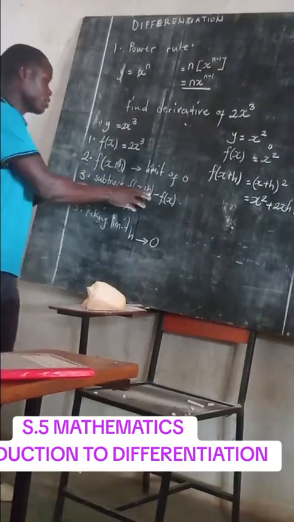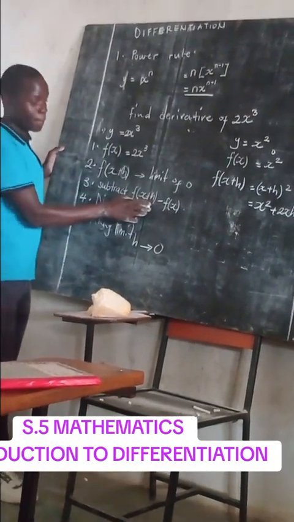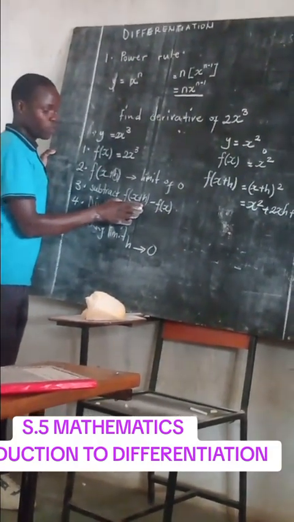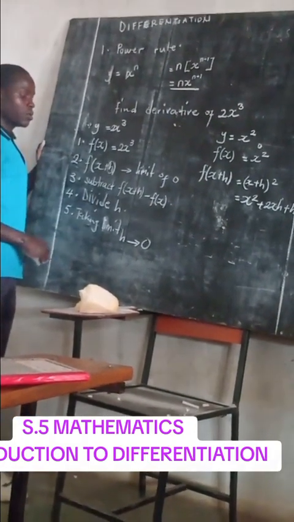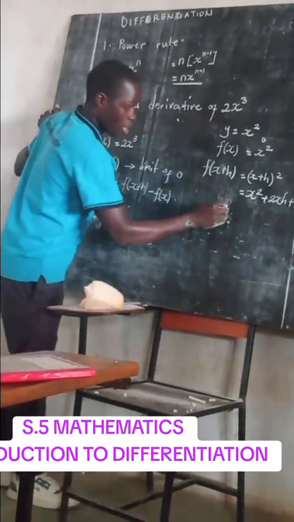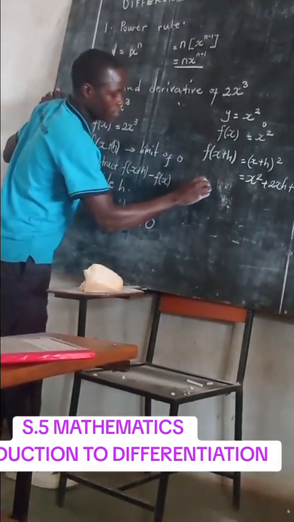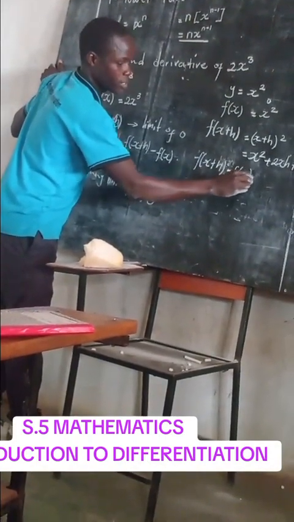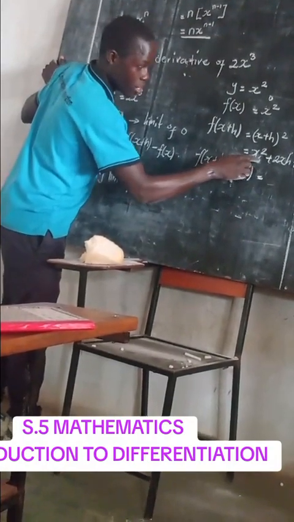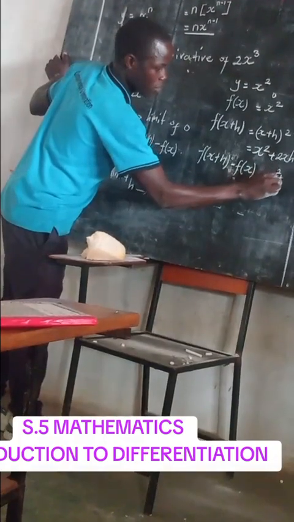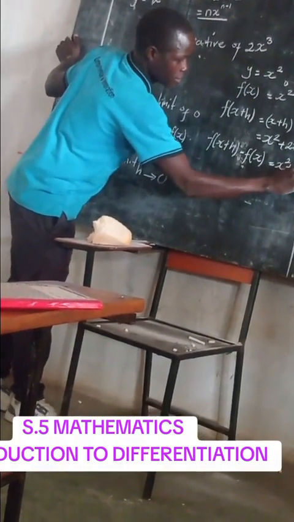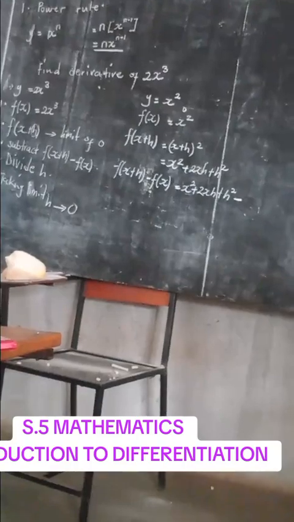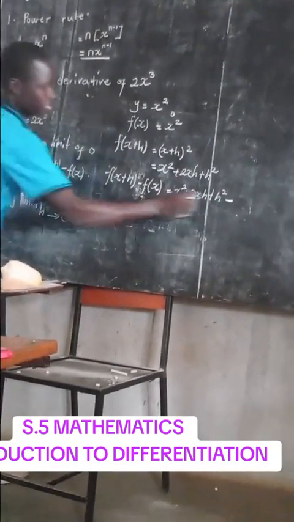So we get f of x plus h minus f of x, which is equal to x squared plus 2xh plus h squared minus x squared.